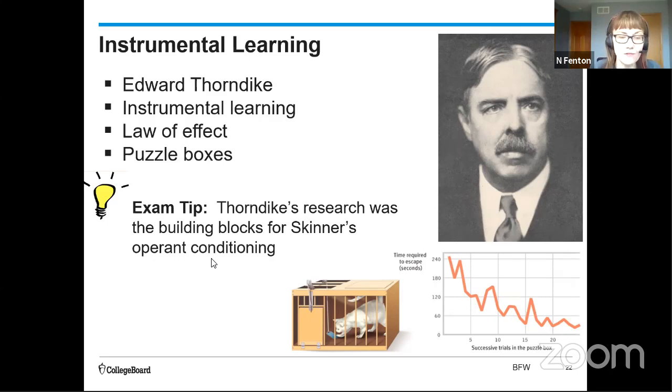At first it tried some things, and certain behaviors that the cat acted on, like pushing the lever with its paw, led to its release. Those behaviors would be repeated. Behaviors that weren't successful would not be repeated. So you have Thorndike, and he has the puzzle box, and he's studying cats.